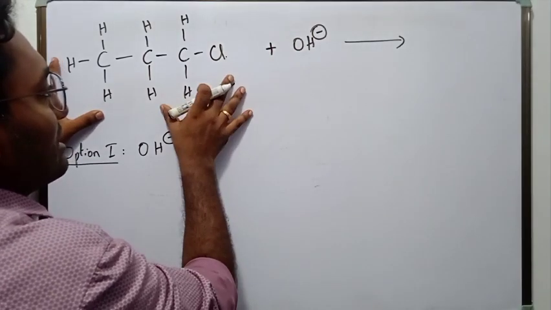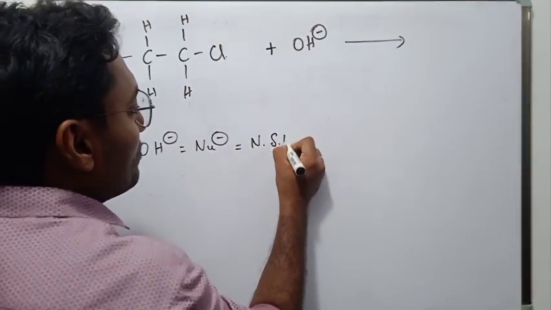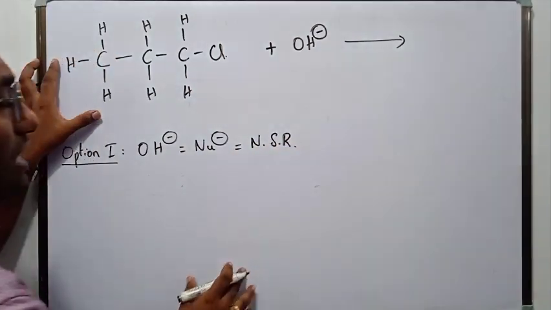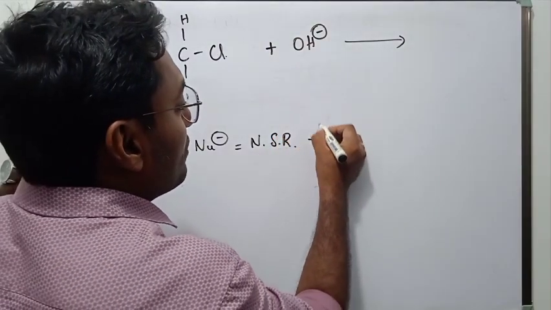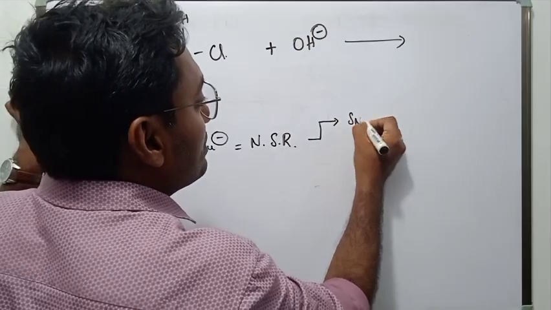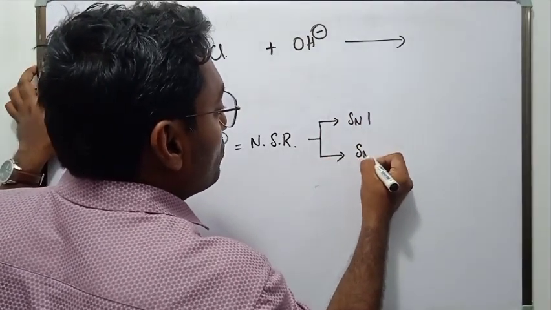So that is a nucleophilic substitution reaction, and that can proceed through either of two routes: the SN1 route or the SN2 route.